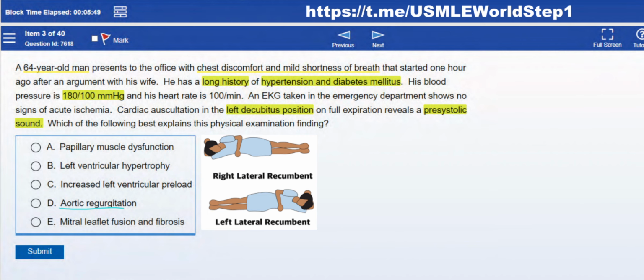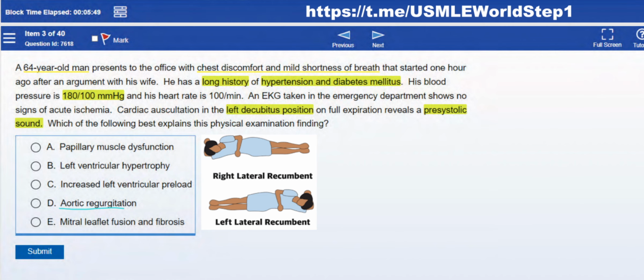The presystolic sound is a late diastolic sound, also called the S4 sound. Since they have mentioned a long history of hypertension, this hypertension will lead to left ventricular hypertrophy, and that will produce the presystolic sound. So the correct option is left ventricular hypertrophy.